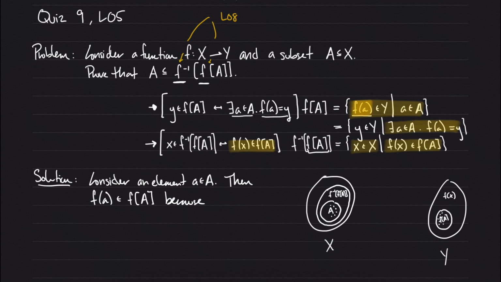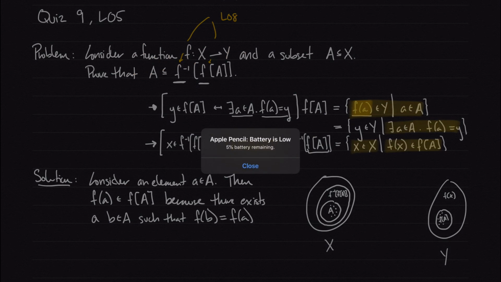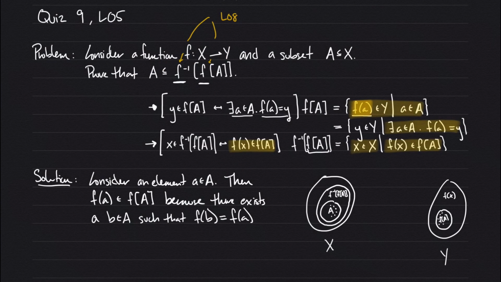Okay, so we have that f of a is in f of big A because there certainly exists an element, let's call it b of A, such that f of b equals f of a. So just to be clear, this y here is f of a down here, and this a is our b here.